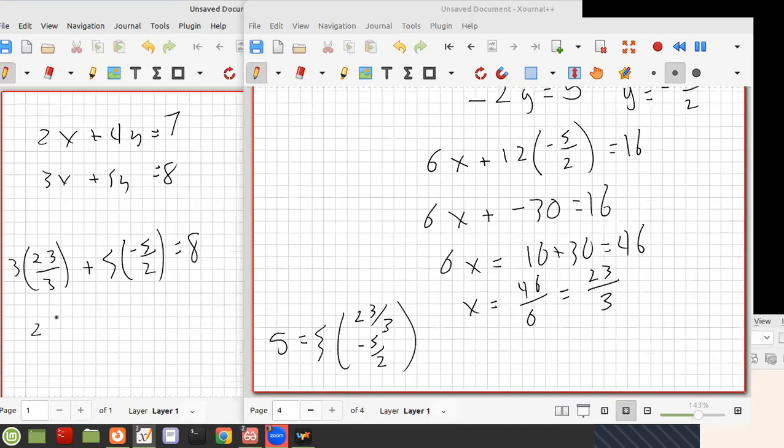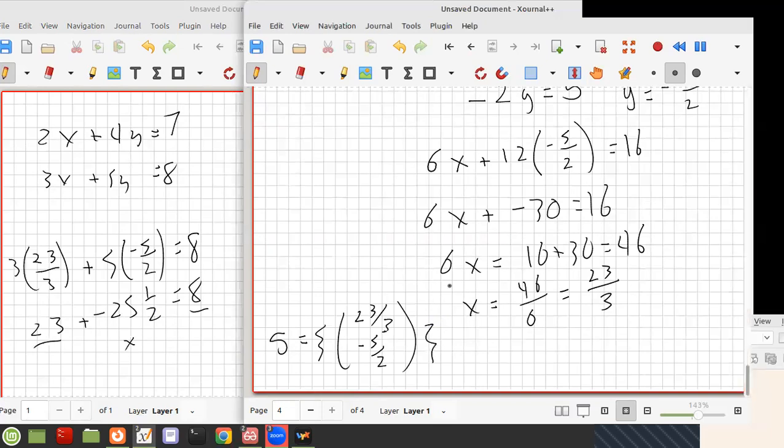I'm going to get 23 plus minus 25 times a half equals 8. You notice that this is an integer, this is an integer, but this is a fraction. So if I bring this over here, there's no way this can work, so this is a contradiction. It's not such a big deal to make a mistake, but it is a big deal to not check your answers by plugging them back into the equation.